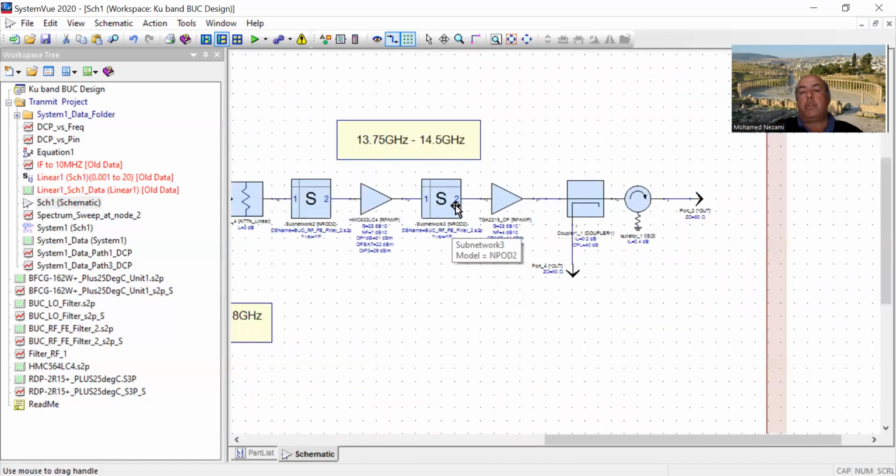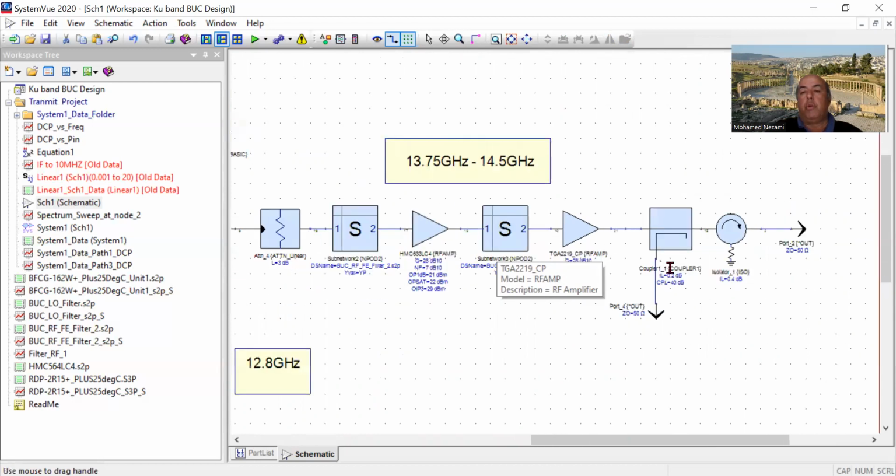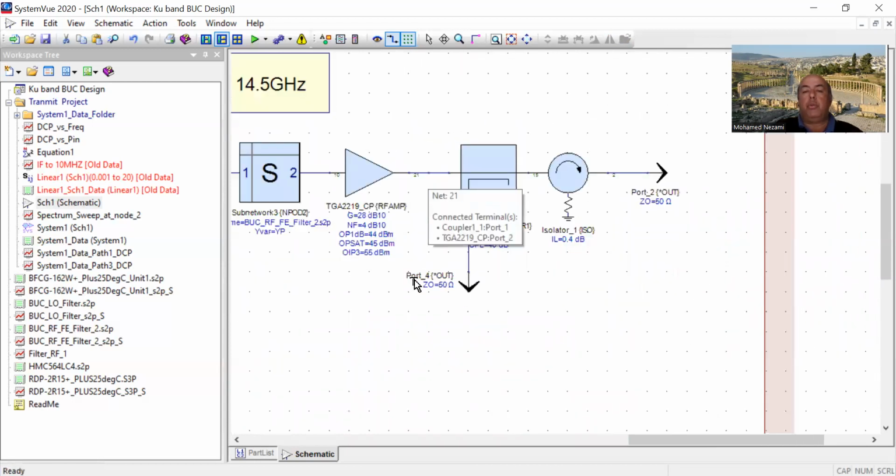And then we filter the signal again and go into the final 10 watt GaN device, the GaN power amplifier, which is from the people at Qorvo, okay? And then we have 2 utility pieces in here. One of them, this one here, is a 30 dB directional coupler.